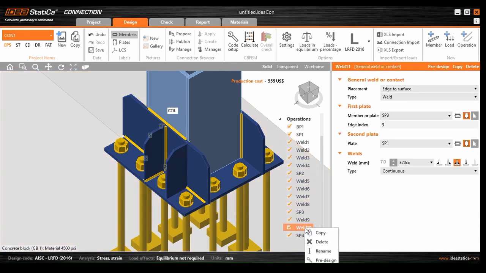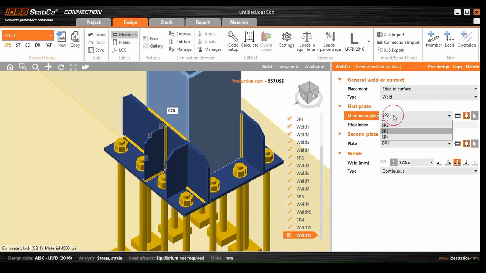Create a copy of weld 10 as well. So you only need to change the first plate to SP3 in both weld 11 and 12. And in weld 11 as well, change it to SP4.